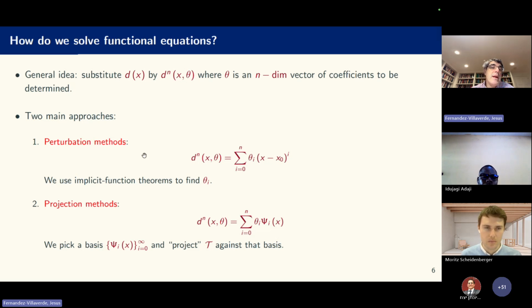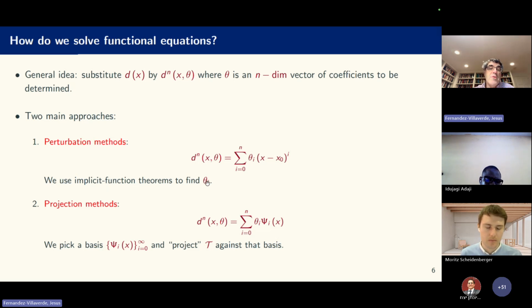And the two main classical approaches that we can follow in economics for the last 25, 30 years are variations of this theme. For instance, what we can do is we say we are going to look for a function d, which is going to be approximated using perturbation methods. In particular, we are going to have some type of polynomials of this form, and we are going to use implicit function theorems to find theta 1.